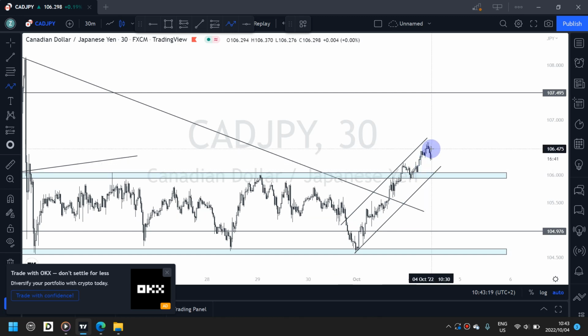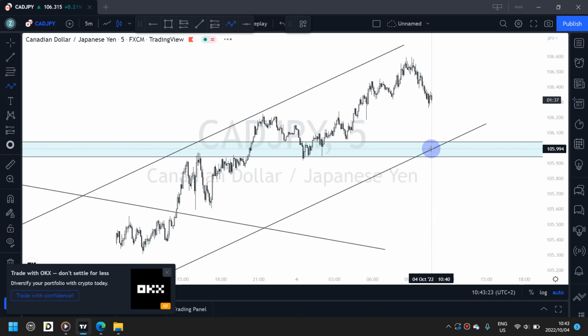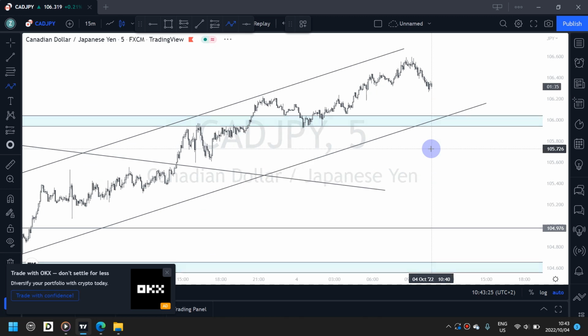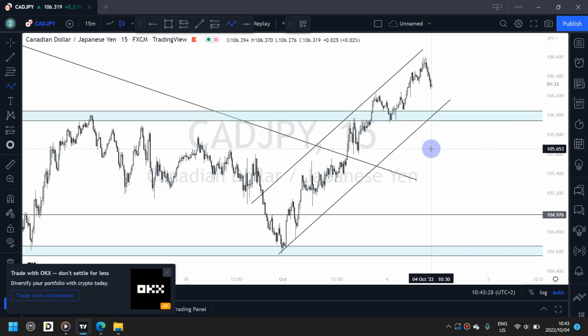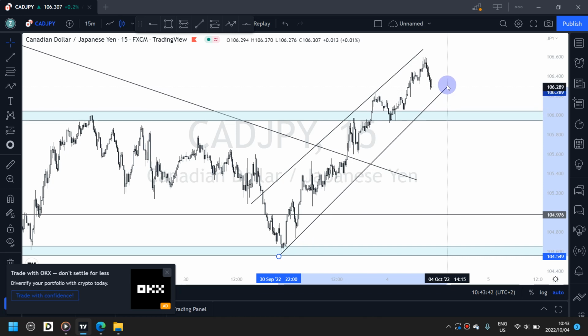This is a 15-minute time frame trend, and based on my strategy, the 15 minutes is the lowest time frame for me, and it's for entries only.